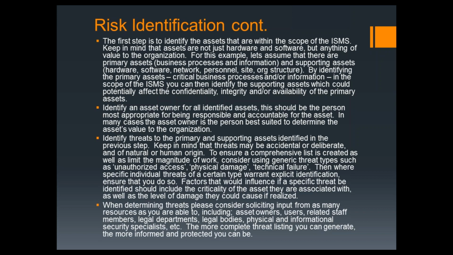For this example, let's assume that there are primary assets, business processes, and information, and supporting assets, which would be the hardware, software, network, personnel, sites, organizational structure, etc., that support those primary assets. By identifying the primary assets in the scope of the ISMS, you can more easily identify the supporting assets which could potentially affect the confidentiality, integrity, and or availability of those primary assets.